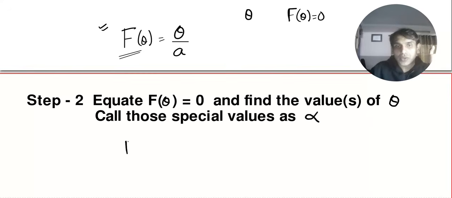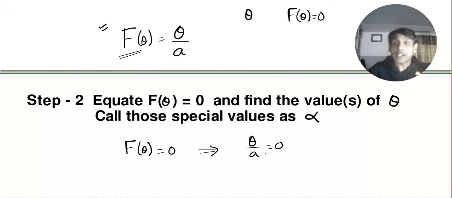Okay, so I'm going to equate f of theta to 0. So that gives me theta divided by a equal to 0. And clearly I can see that the value which can balance this equation is theta equal to 0. Just cross multiply, it's not a big deal.